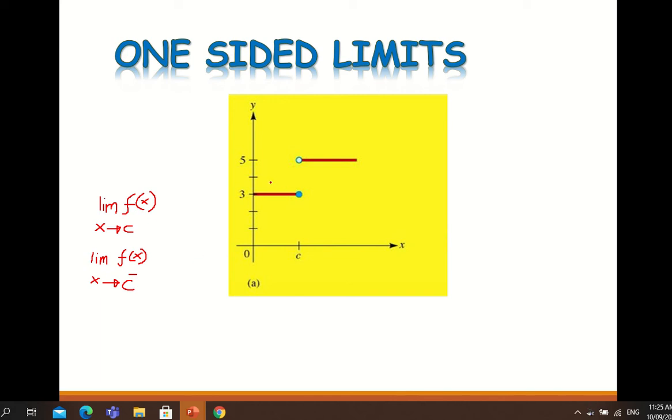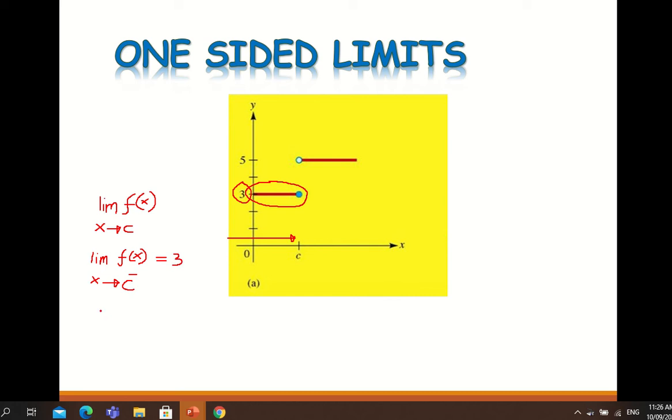If we consider this graph, x is coming from the left towards c. What is the limit of our function? From the graph, the limit of the function as x approaches c from the left is equal to this value, which is 3. We already discussed this last time.